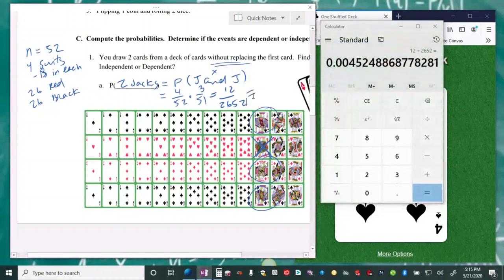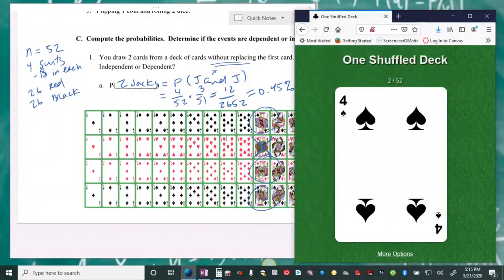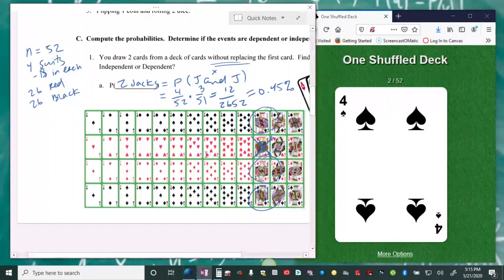If I move 2 decimal places, I get 0.45%, less than half a percent of choosing 2 jacks. So let's go back and do another one of these. I'm going to erase what I've done here so we can do this again. And let's move on to part B.